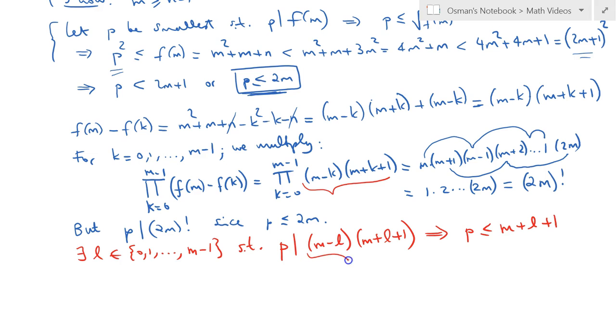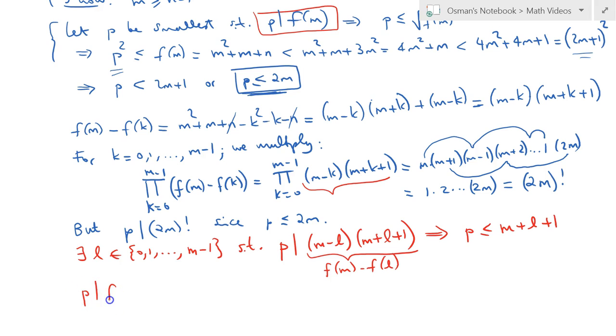And recast it in the following way. So this thing is, remember, just f of m minus f of L. So we know that p divides f of m, that's the premise we started with.